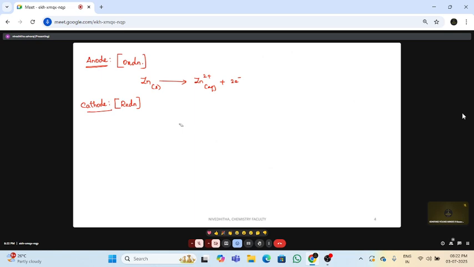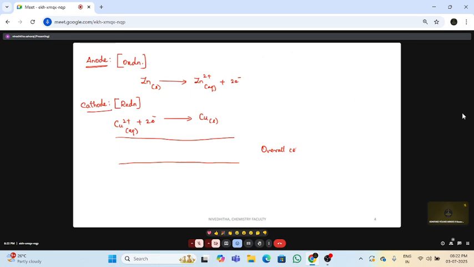So the copper 2+ ion in aqueous medium gained 2 electrons to get converted into copper, which is in solid state. So this is the anode reaction and this is the cathode reaction, and we're going to write the overall cell reaction. To find the overall cell reaction, what do we have to do? We have to add both the reactions, right?